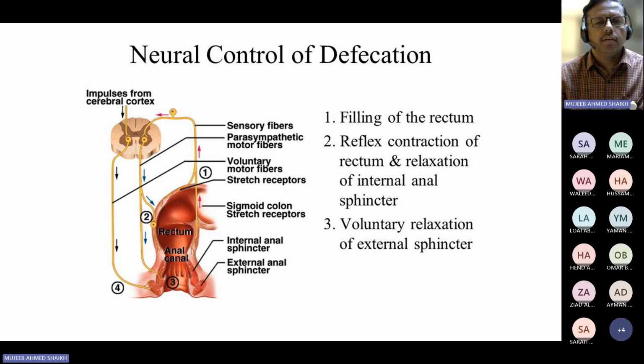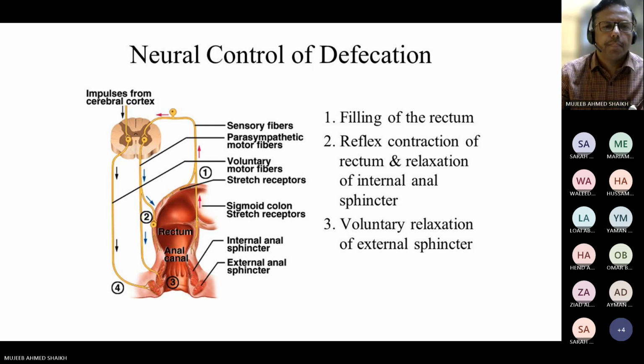Up till here, the feces is not out. Feces will come out only when there is voluntary relaxation of the sphincter, leading to defecation.